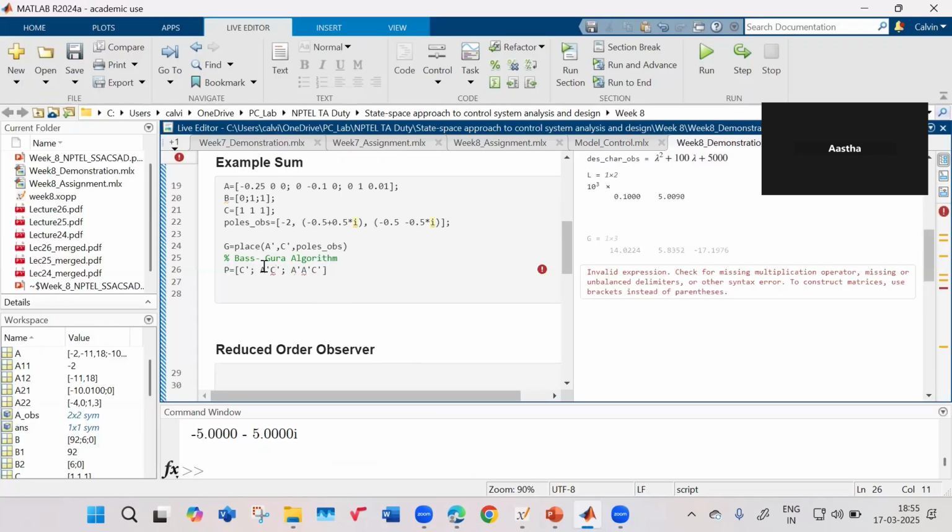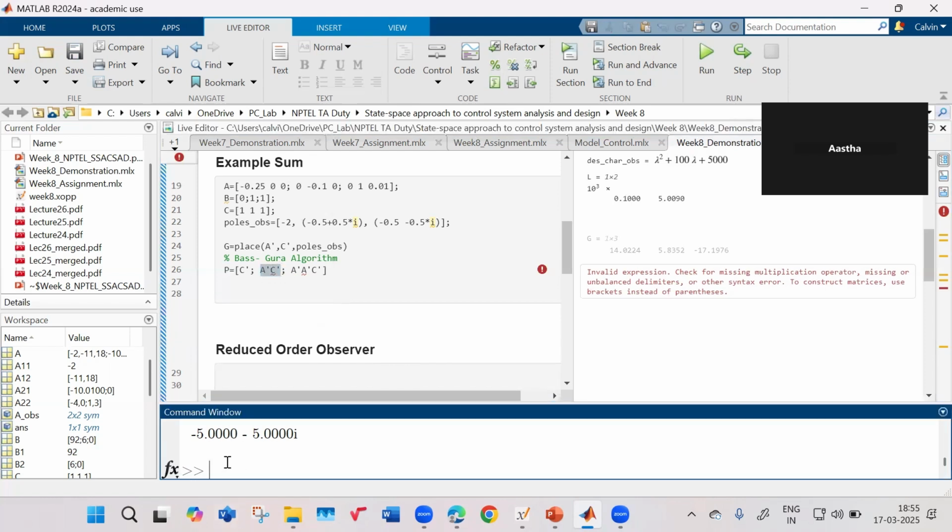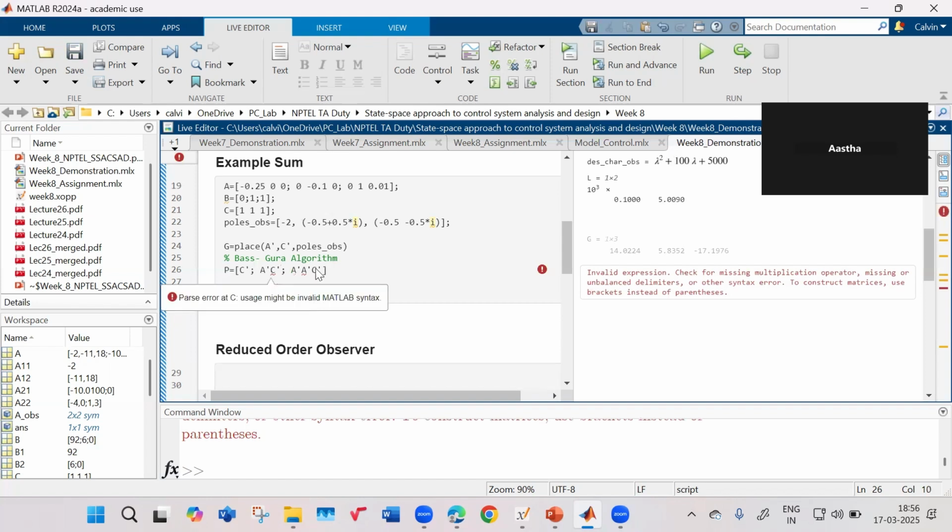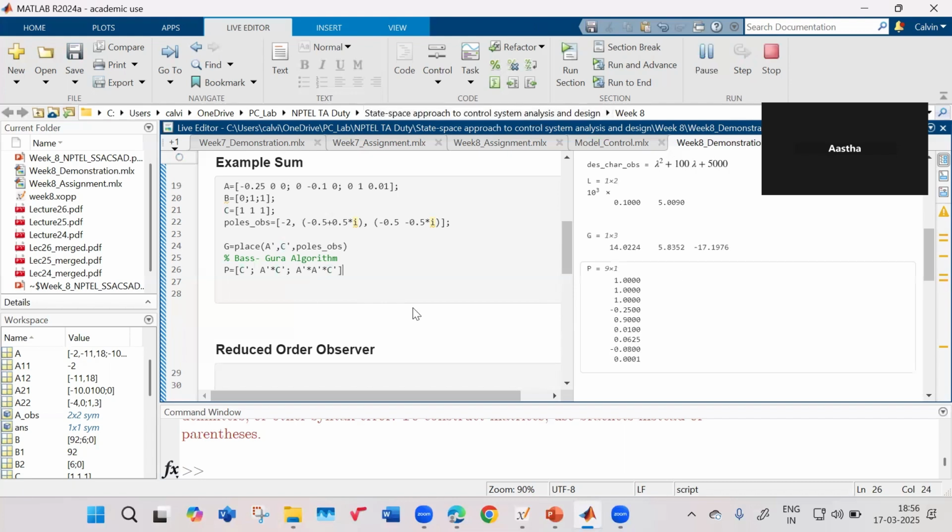So it is A transpose into C transpose, A transpose into A transpose into C transpose. Okay, it is correct.